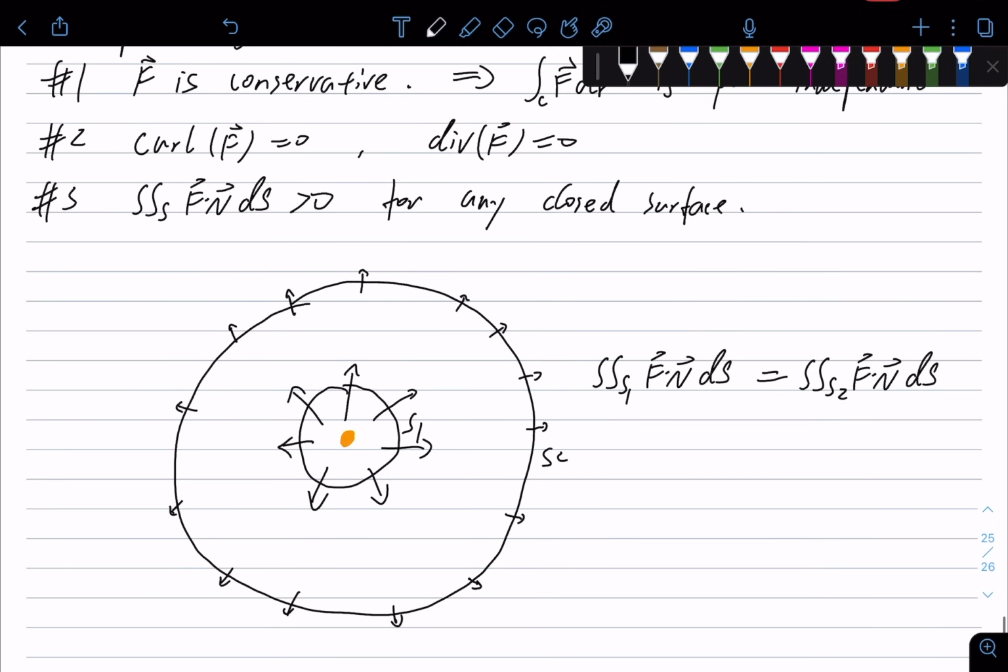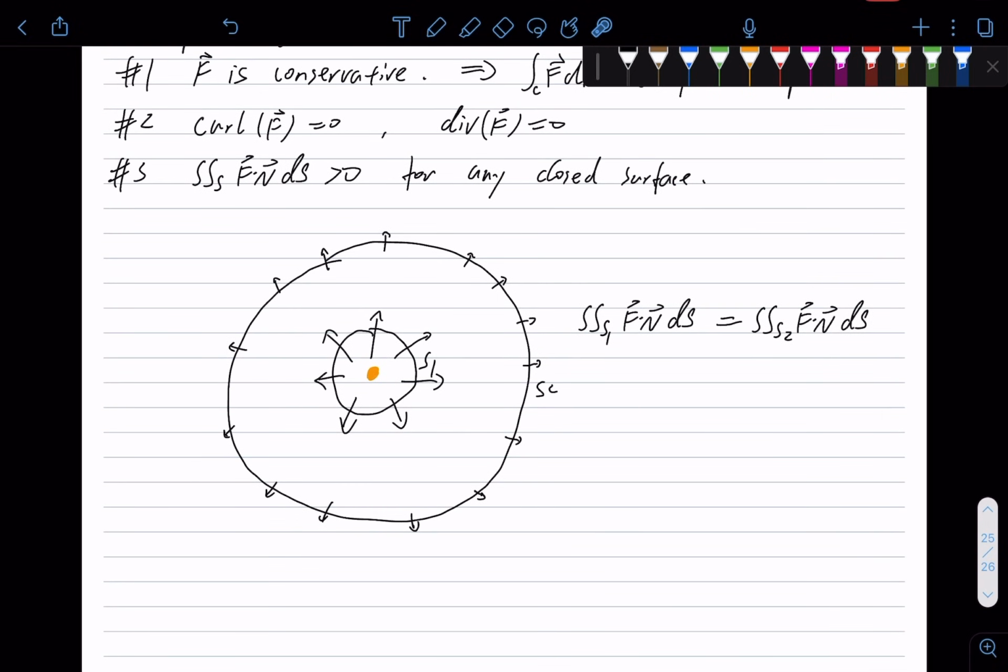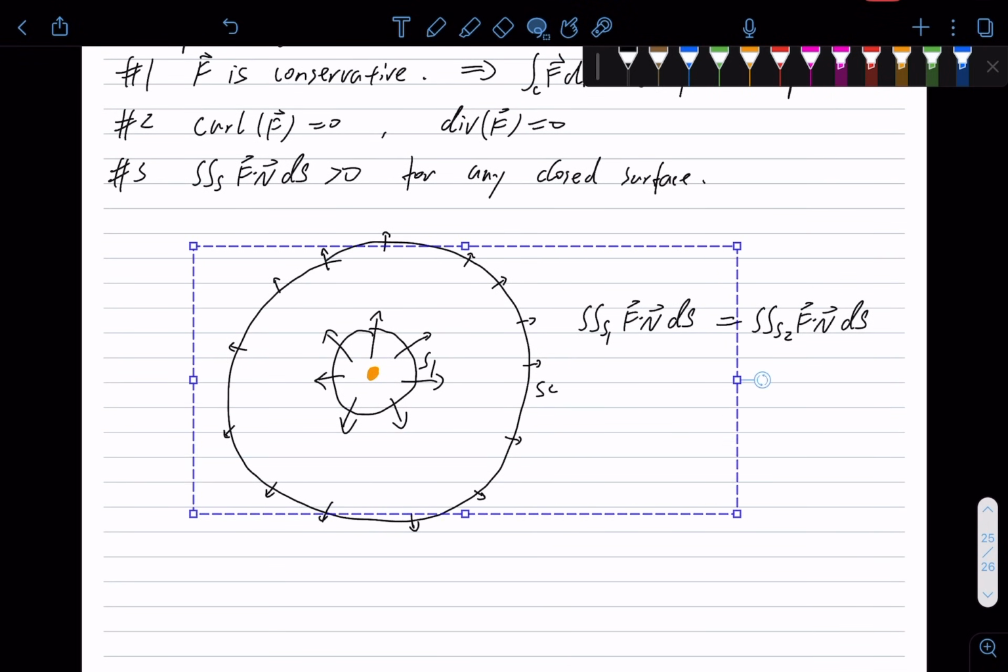That means no new photons are generated from here to there, so there's no tendency of the vector field to increase. That's why the divergence here is 0, because as we go further and further, the amount of flux doesn't change. Okay? So let me continue with my definitions.